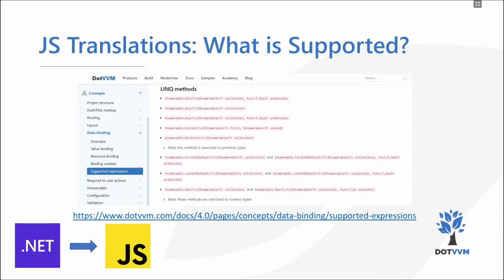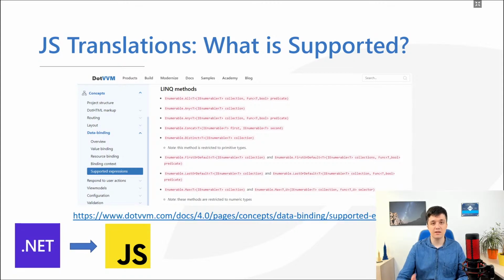And if you are wondering where to find it, just go to our documentation site, and under concepts, under section data binding, you'll find a page called supported expressions, where you can find all the syntactic expressions that are supported by our data binding system, along with an exhaustive list of all the supported .NET methods. But I'll speak about these also on further slides.